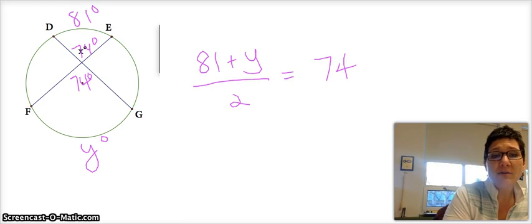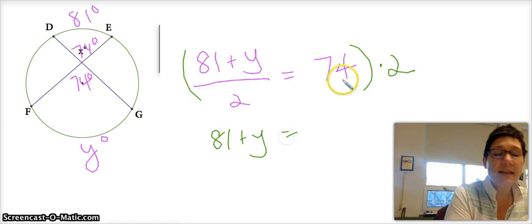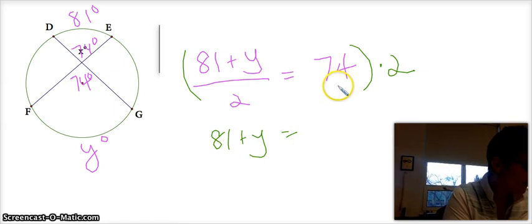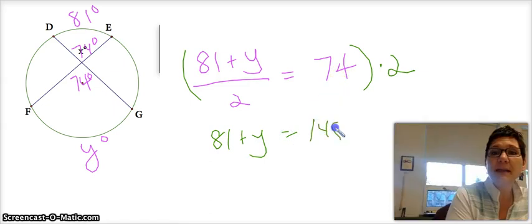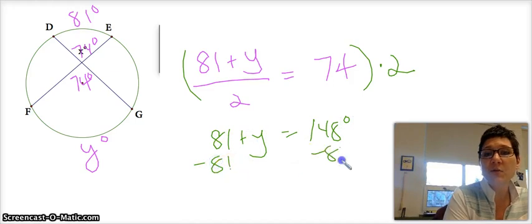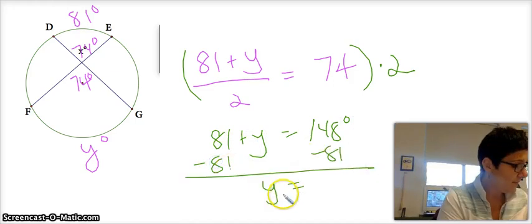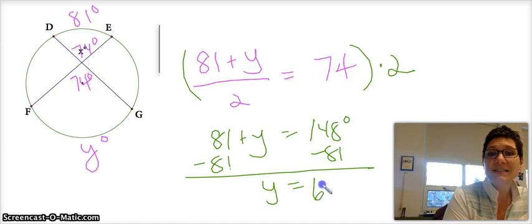Now, all you have to do is multiply both sides by 2. If I multiply this side by 2, my 2's cancel, and I'm left with 81 plus y equals 74 times 2, which is 148. Now, to find y, I subtract 81 from both sides, and y is equal to 148 minus 81, which is 67 degrees.